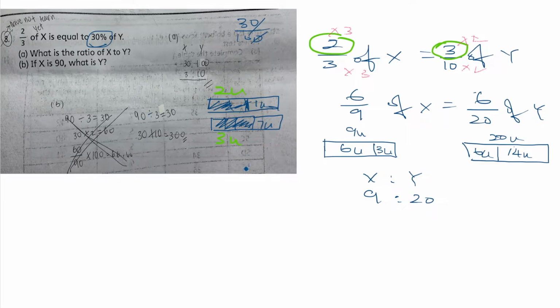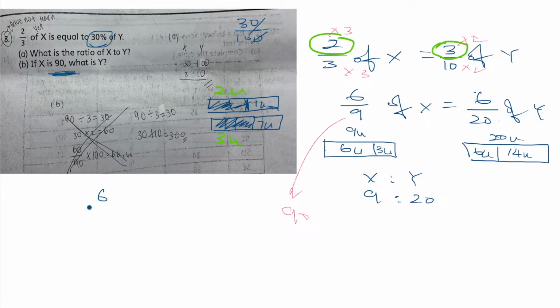Okay, never mind. So it says that if x is 90, then what is y? So it says here, if this thing here is 90, then what would this thing be? It's simple, right?